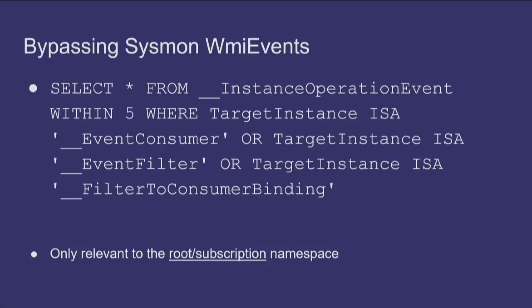It could be an active script event consumer, where you're executing inline Windows Script Host code, like VBScript or JScript. Or the target instance is an event filter. An event filter defines the event that you want to trigger on in the form of something like this, a WQL event query. Or it's a filter to consumer binding. This is the thing that binds the filter and consumer together and actually registers the WMI persistence.